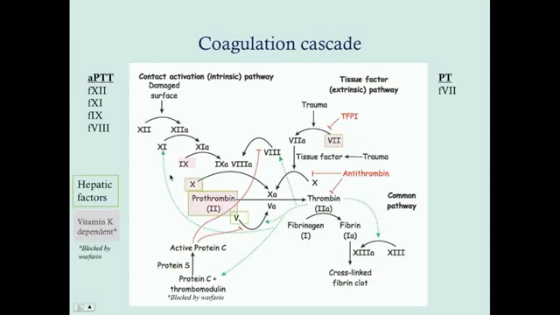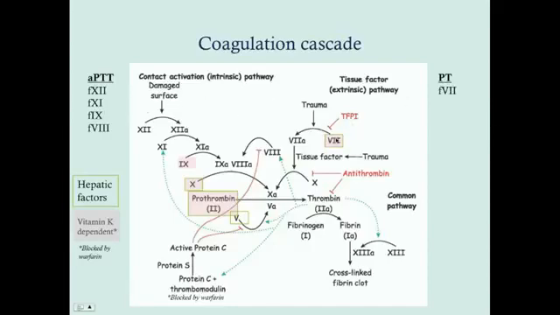It's also useful to know these hepatic factors, and these are just your factors that are particularly created by the liver, and those are factors 2, 5, 7, and 10. And so when you have a patient who has really severe hepatic disease, cirrhosis, they're going to have less of these factors, and so they are going to have an elevated both PTT and PT.